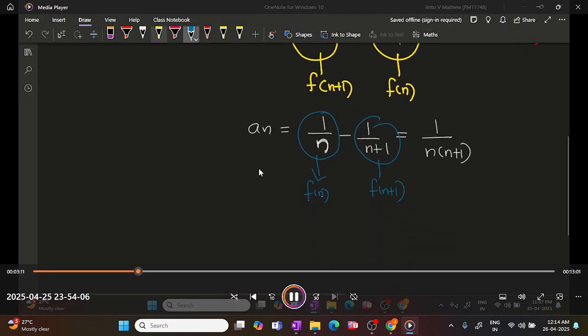Now what will happen if you apply summation n is equal to 1 to n to the nth term of telescopic series?